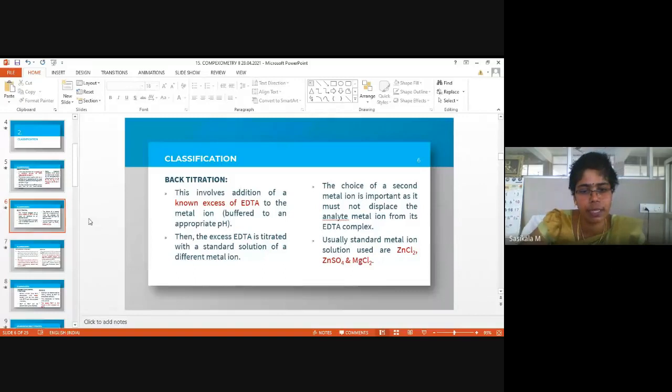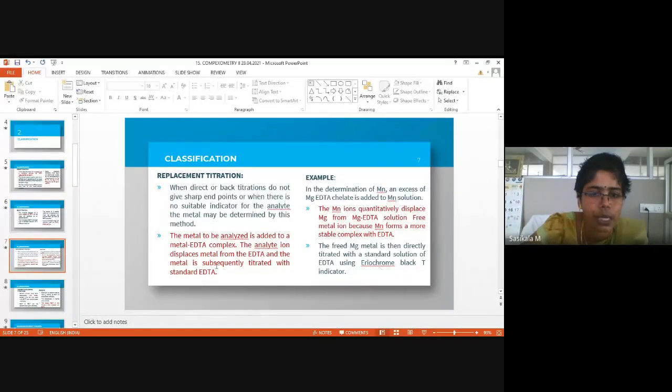And during back titration, a known excess of EDTA complexing agent and metal ion is taken in the conical flask, and the remaining EDTA after reacting with the metal ion will be back titrated with the second standard solution. Then that color change will be monitored with the indicator for knowing the endpoint. So the second standard solution preferred is zinc chloride, zinc sulfate, or magnesium chloride.